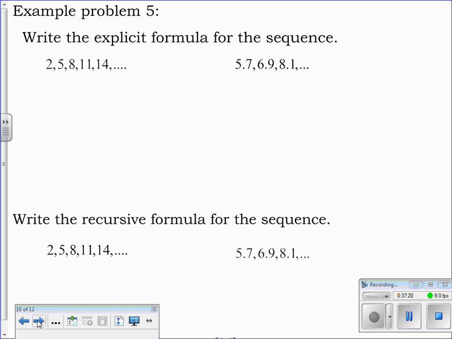So our first term, A sub 1, is 2. D is 3. We're adding 3 each time. So to get my explicit formula, A sub n equals 2 plus n minus 1 times 3.